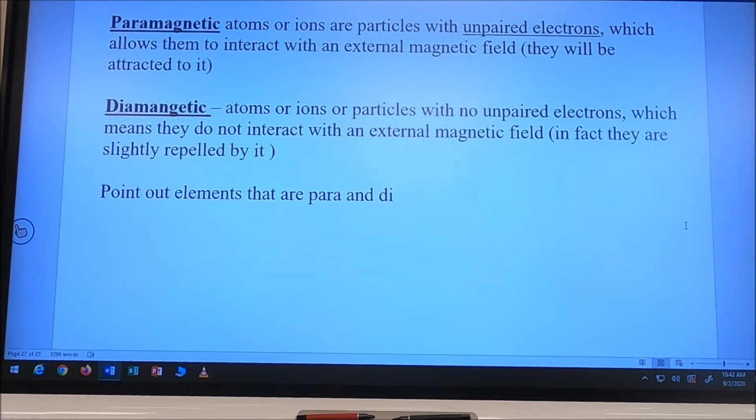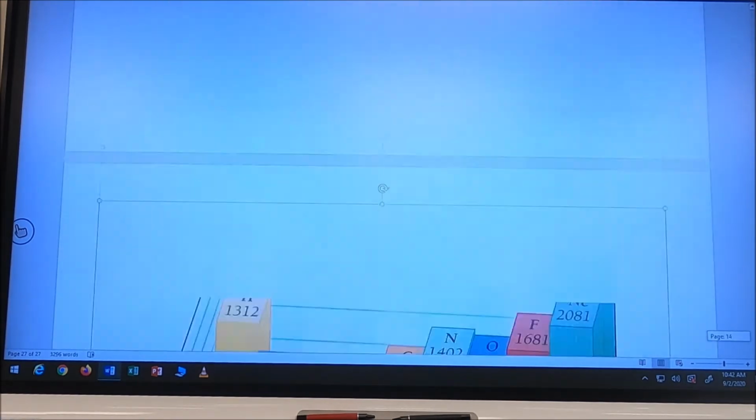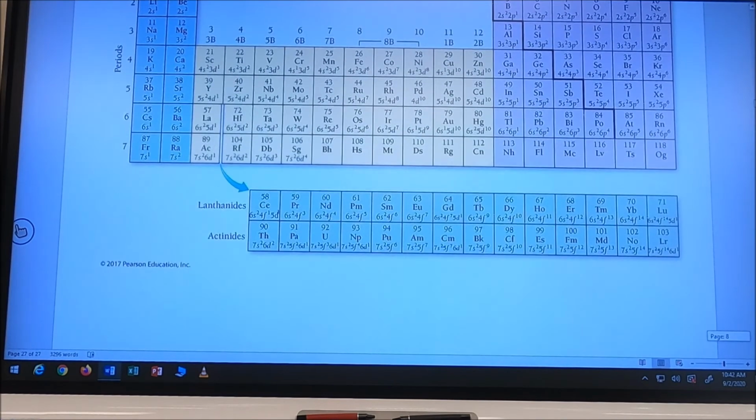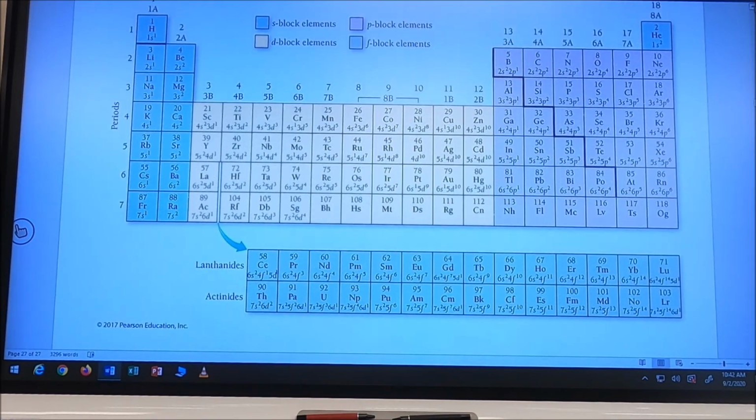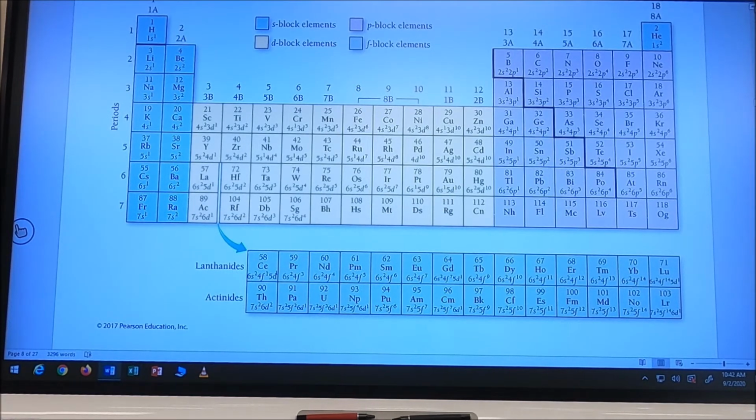So if we look at the periodic table, when we have pure elements, just no ions, the noble gas family, which ends the very last column on the periodic table, the noble gases, or the inert gases, are all diamagnetic.